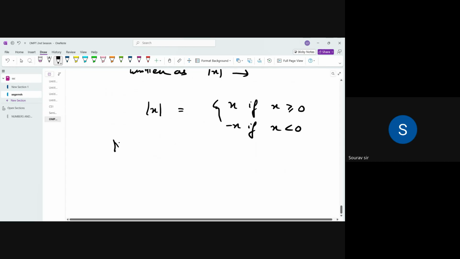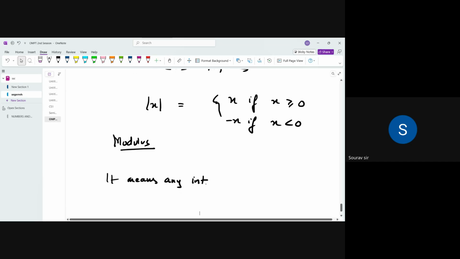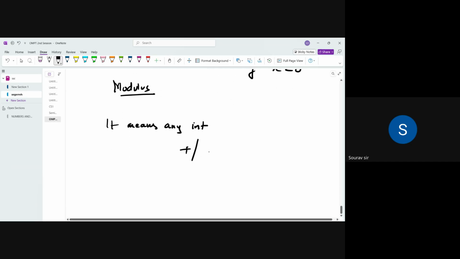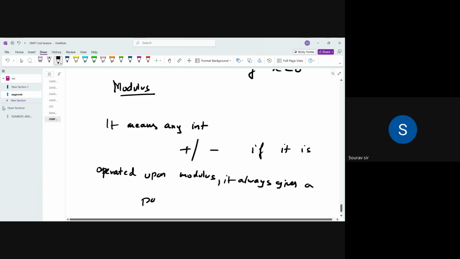Okay, what is modulus? See, it means any integer, whether it is positive or negative, if it is operated upon by modulus, it always gives a positive integer.